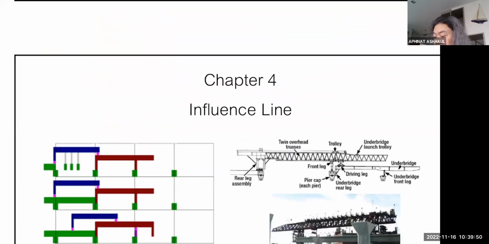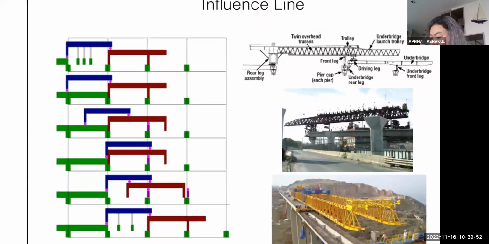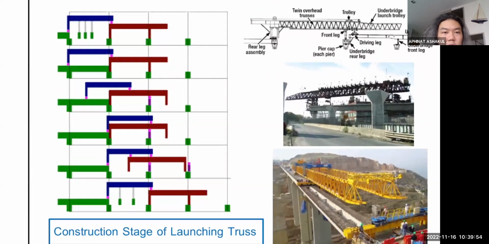Now, you can see this, right? If you come to the campus by way of the expressway, they are now constructing another bridge alongside the existing Rama 9 bridge, and they use something like this called the launching truss. And this is a diagram of how it works.